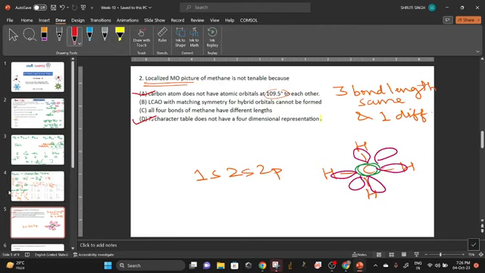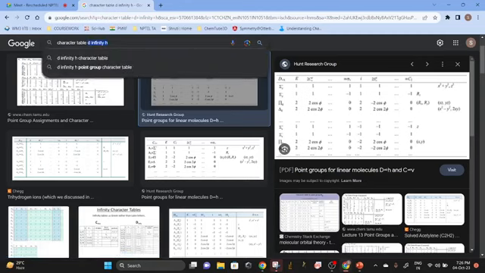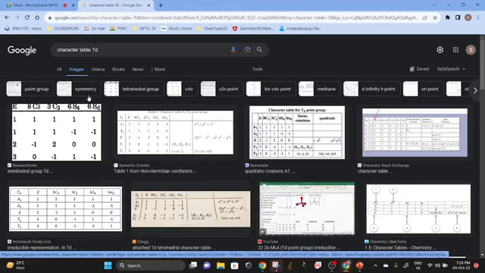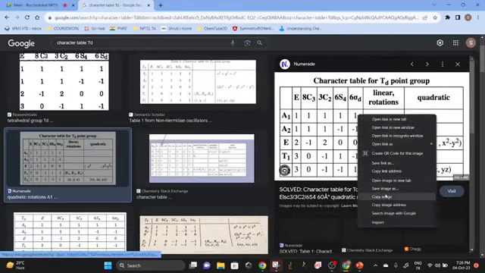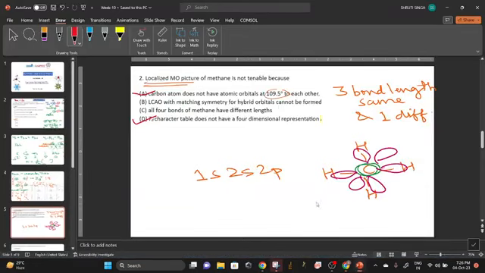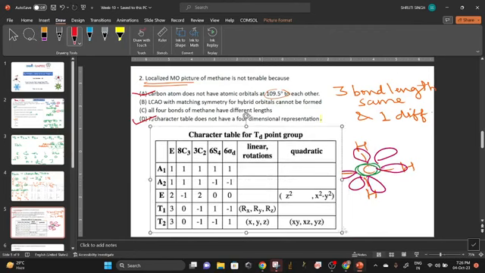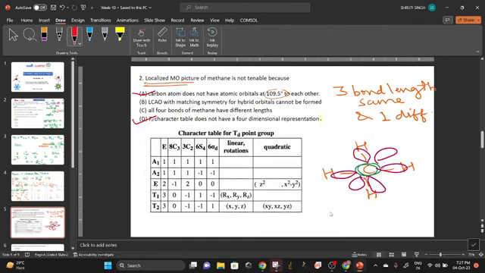If we have the tetrahedral character table, can you see we have the tetrahedral character table here.